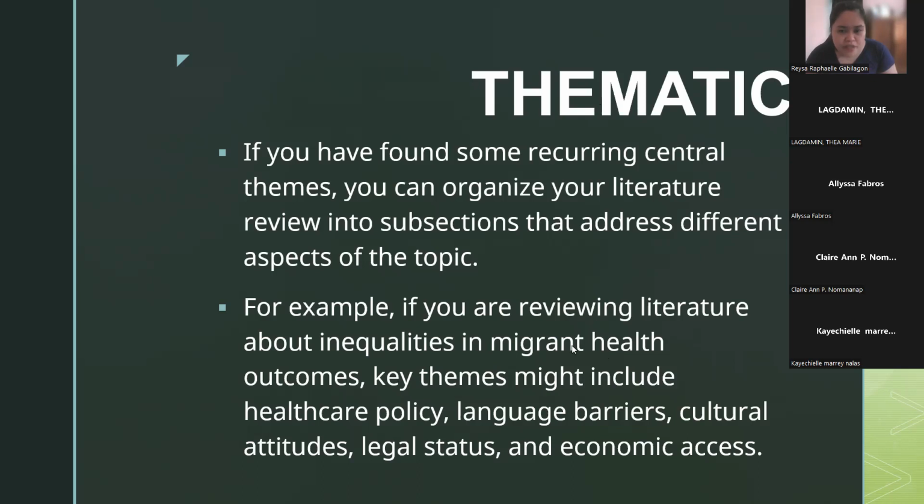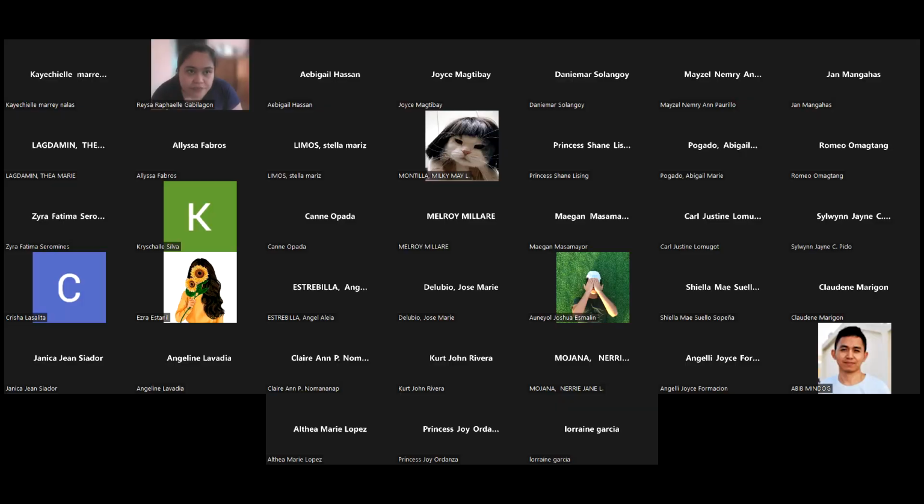For example, studies about migrant health outcomes: they identified different themes like healthcare policy, discussed what healthcare policy is, and then language barriers, and so on.